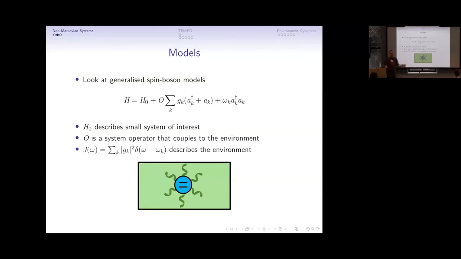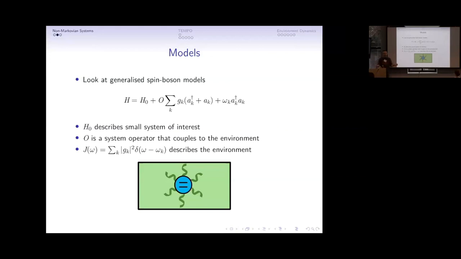So there's some set of harmonic oscillators, possibly an infinite set of harmonic oscillators, which couple to my system, and they couple via some operator O which lives in the system Hilbert space, and that couples linearly to the coordinates of the environment, and then there are some frequencies for those harmonic oscillators which give rise to the final term in this Hamiltonian.